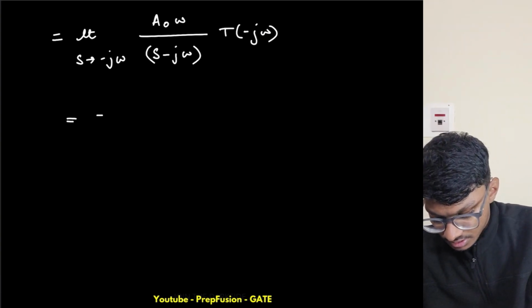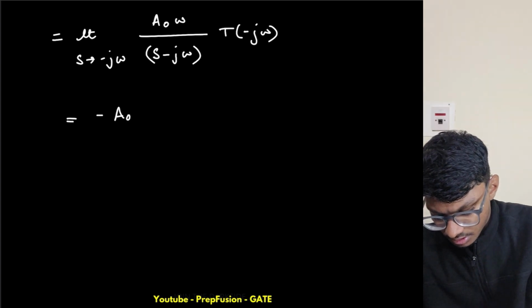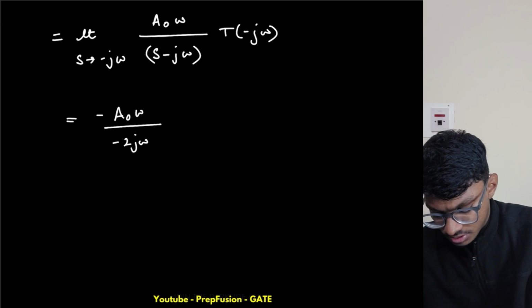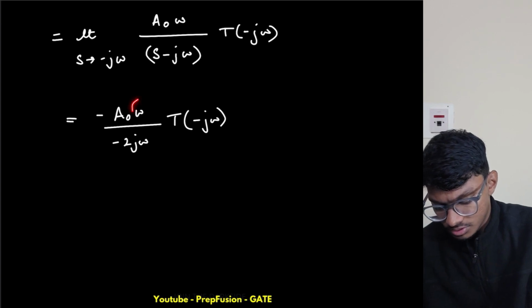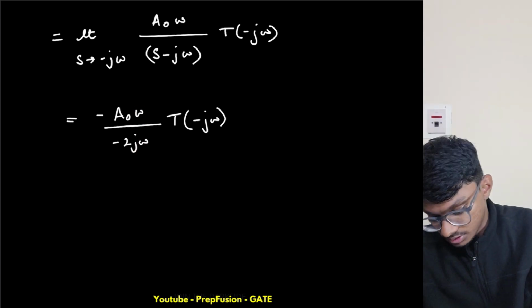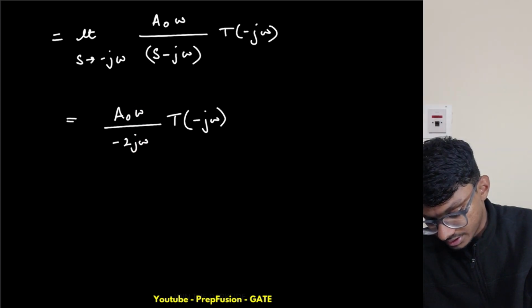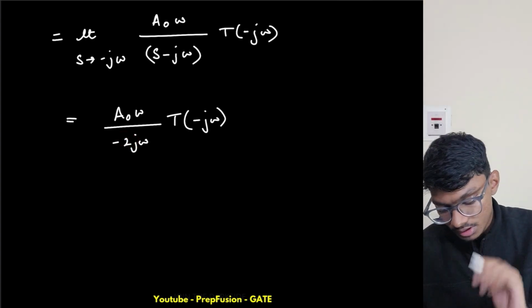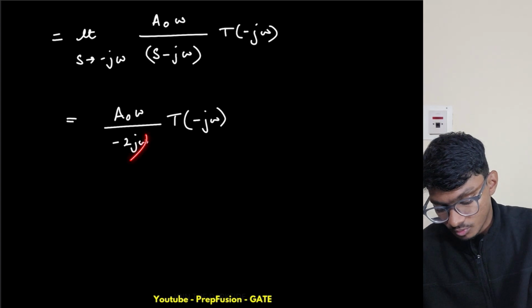What I will get is minus e naught j omega by minus 2 j omega t of minus j omega. So this omega will get cancelled. Sorry, this minus I shouldn't write here because you will get confused again. This minus is here only. So this omega will get cancelled.